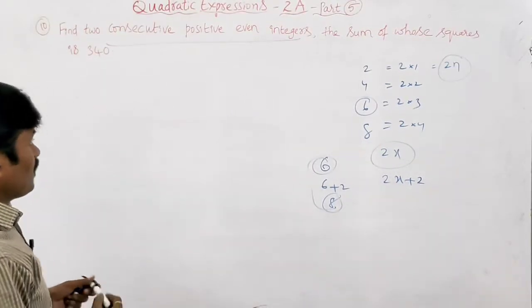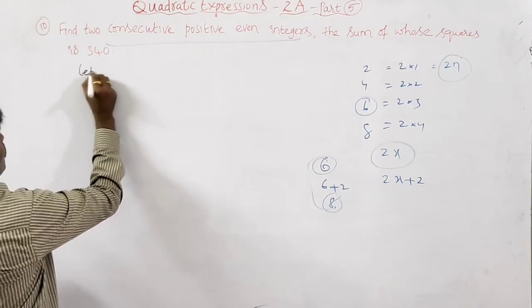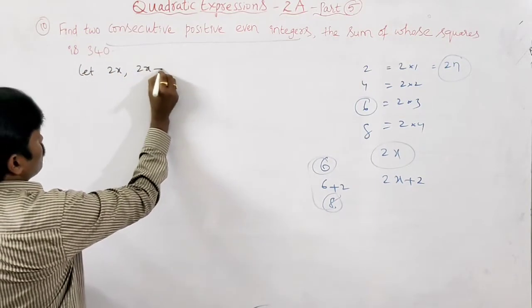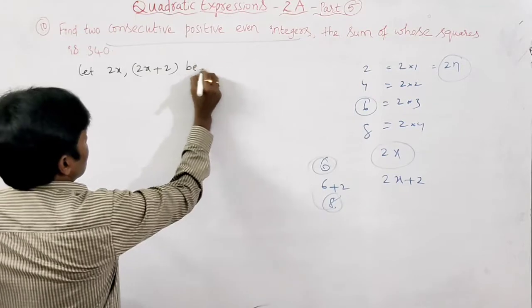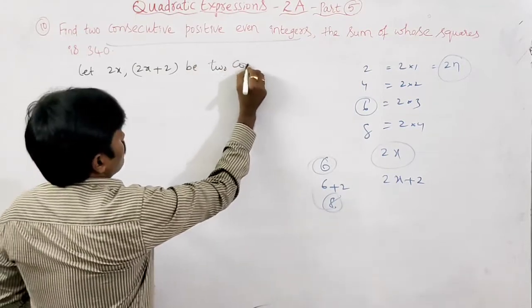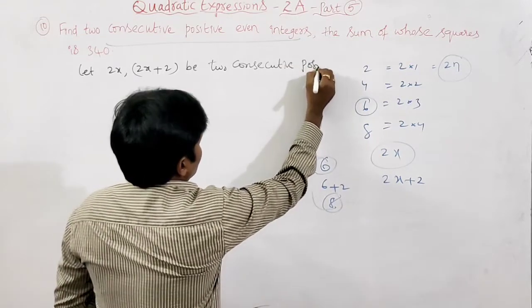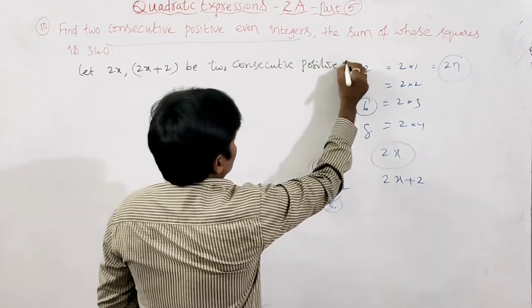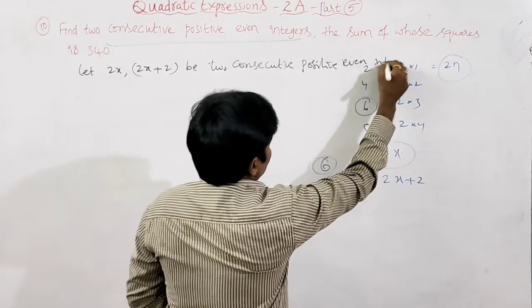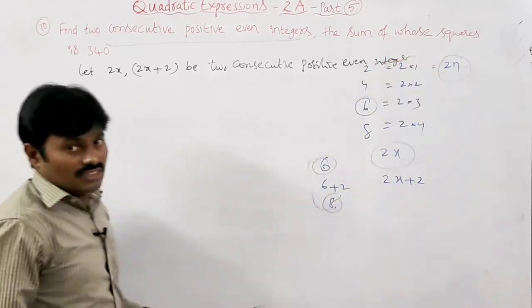So our solution is: let 2x, 2x plus 2 be two consecutive positive even integers. Okay.